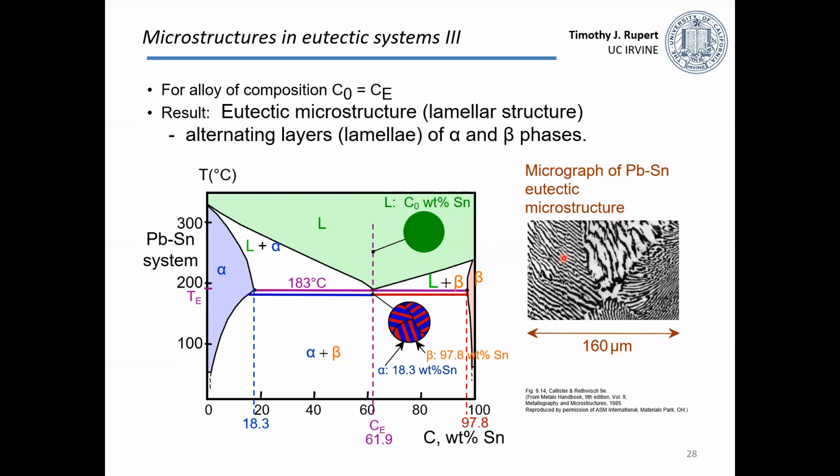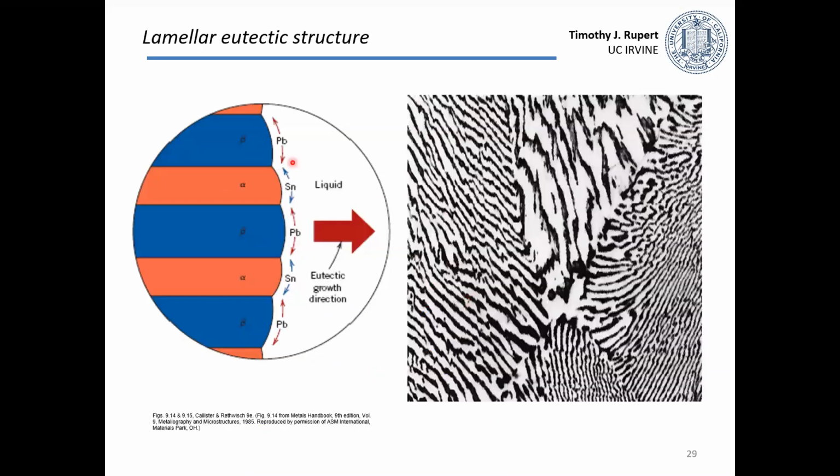And the reason this forms is pretty interesting. It just comes down to the fact that this composition needs to go locally from 61.9% to some mixture of a very low amount of tin and a very high amount of tin. So the way it actually does this is it forms what's called a eutectic lamellar structure.